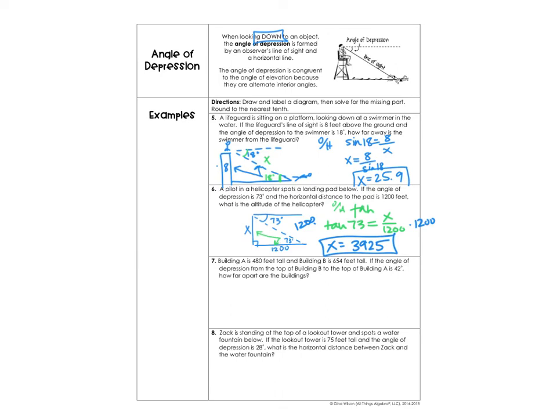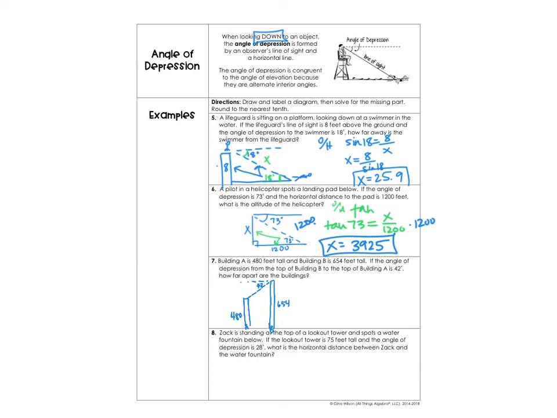Building A is 480 feet tall. Okay, so let's make building A. It's 480 feet tall. Building B is 654 feet tall. If the angle of depression from the top of building B to the top of building A is 42 degrees, okay, so here's our horizontal line, here's our line of sight, and it's 42 degrees.